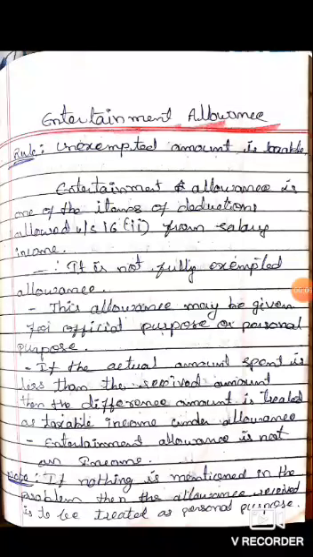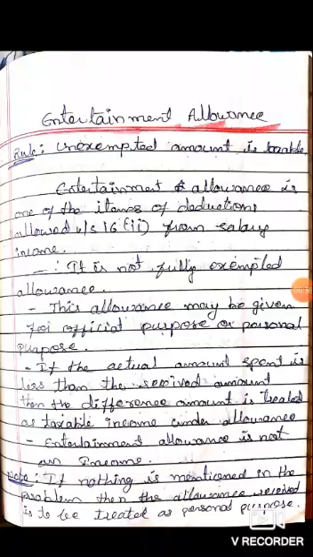Now let's see entertainment allowance from general allowances. There is a rule for entertainment allowance because it's a partly taxable allowance. The rule is that the unexempted amount is taxable. If an employee is getting this entertainment allowance, up to the limit is exempted. Beyond the limit, whatever the amount is, it is taxable.